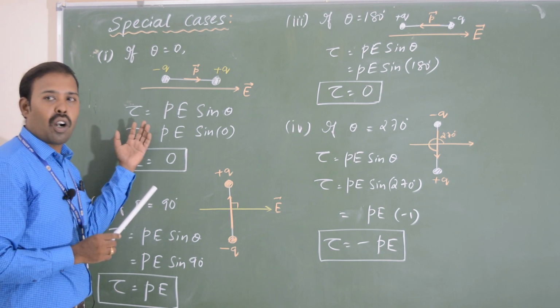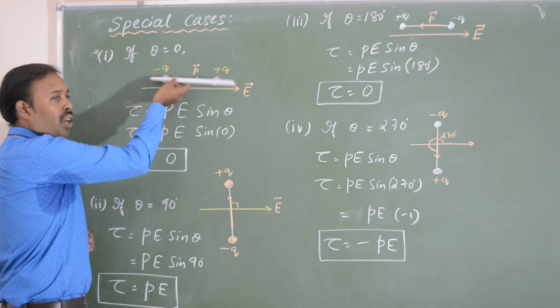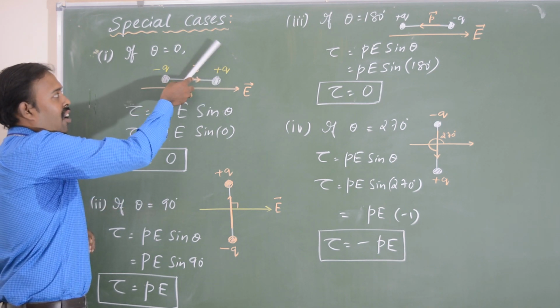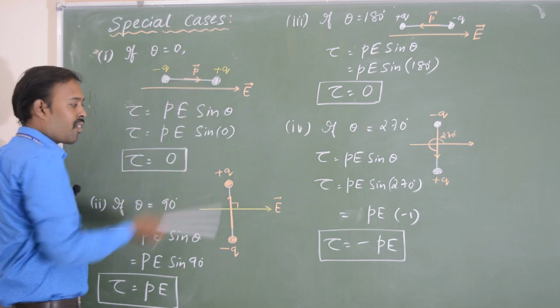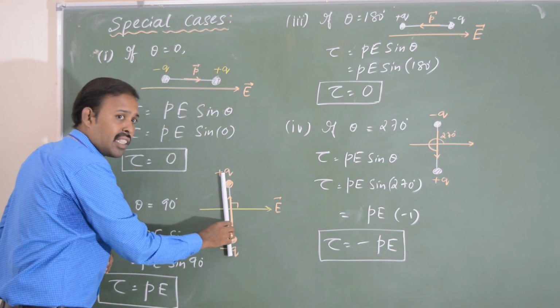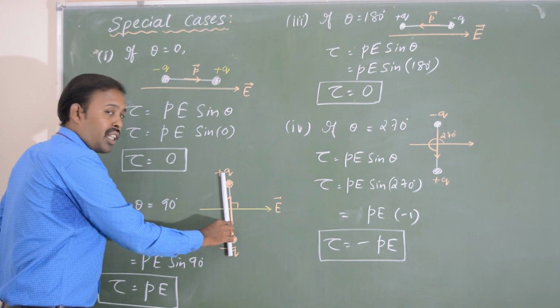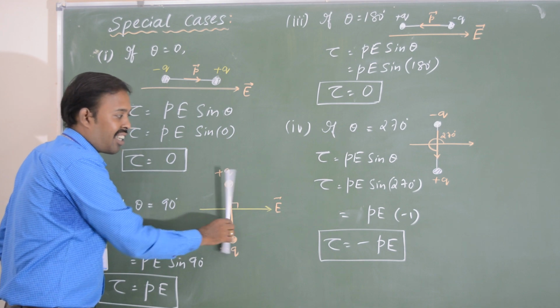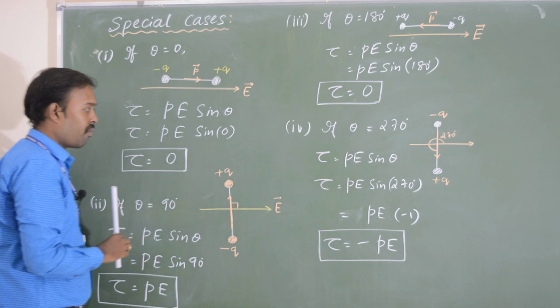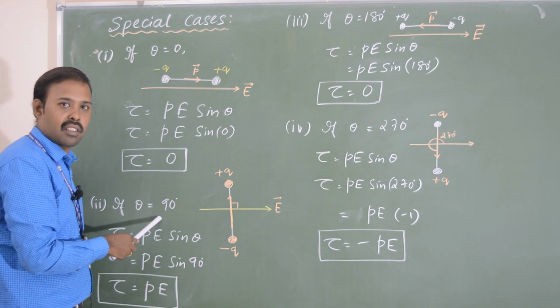Now let's move on to the second case. What I am going to do is rotate this dipole by an angle of 90 degree like this. So the dipole now I have rotated by 90 degree, right? So now I can say the dipole is perpendicular to the direction of electric field. That means theta will be equal to how much? 90 degree.